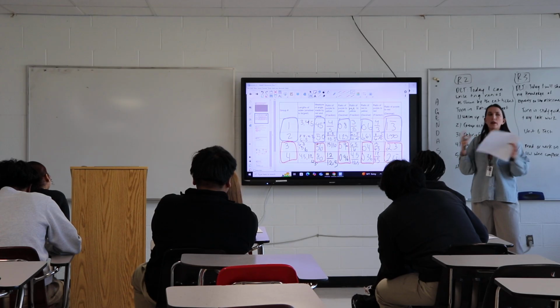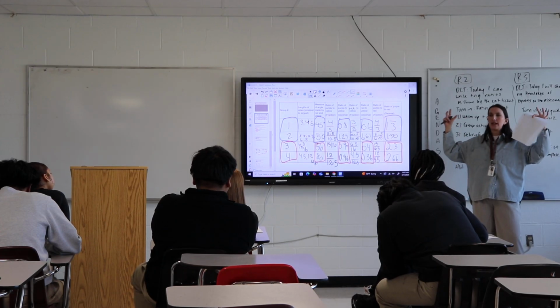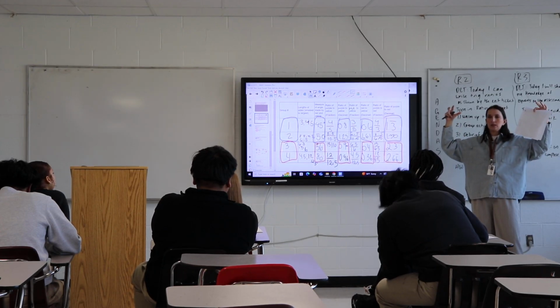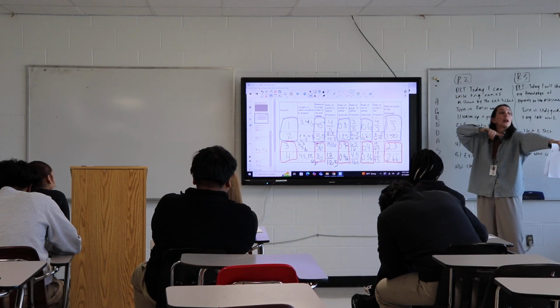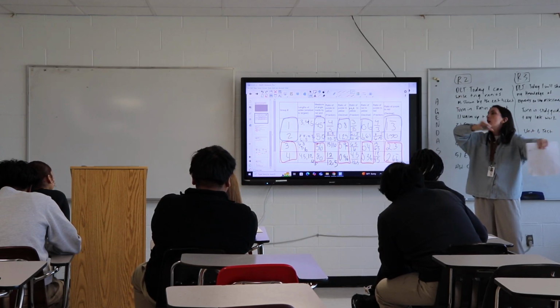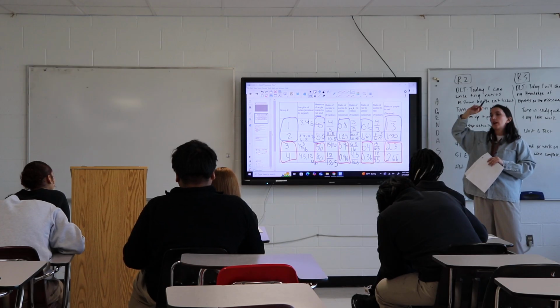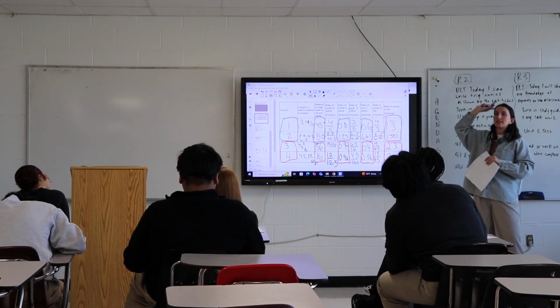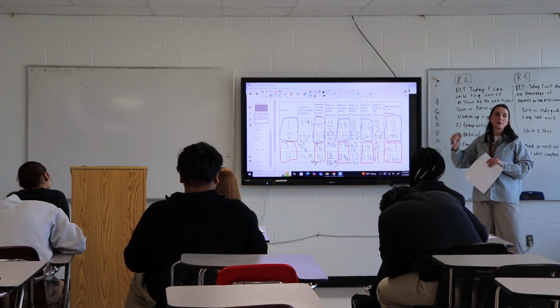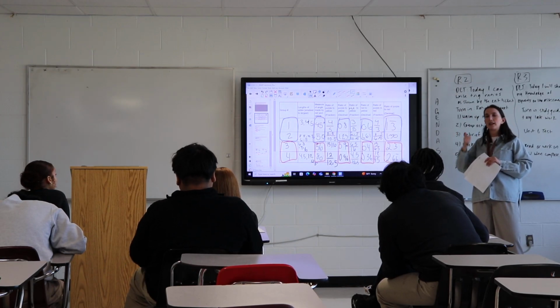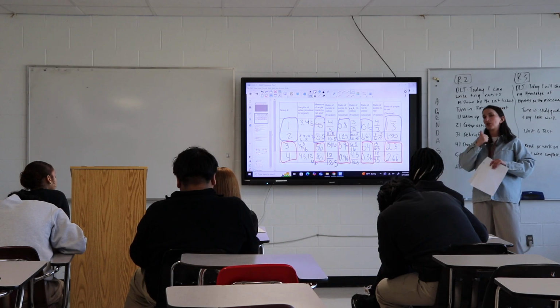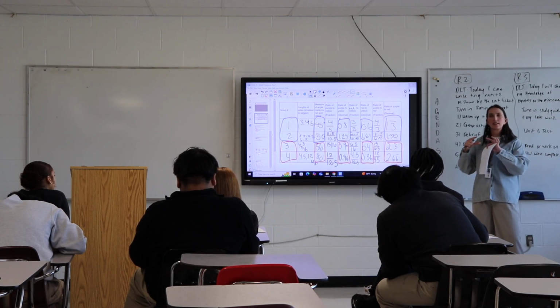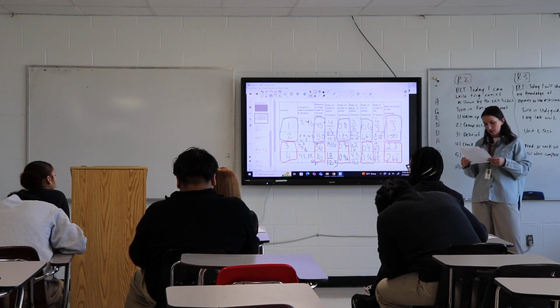Our last unit was on what? Similarity, absolutely. When we have triangles with the same angles and the same ratios, we have similar triangles. Same shape and same ratio, same proportions, but not the exact same size or they would be congruent. Okay.